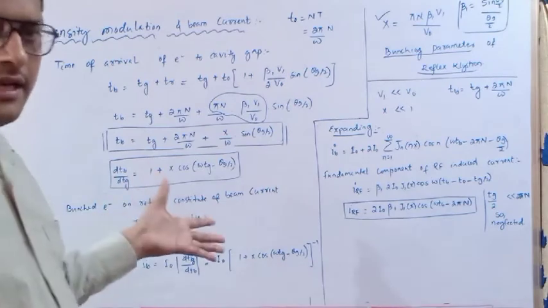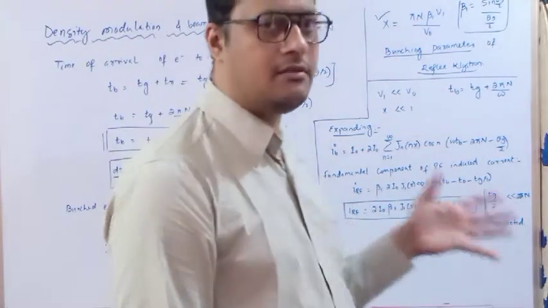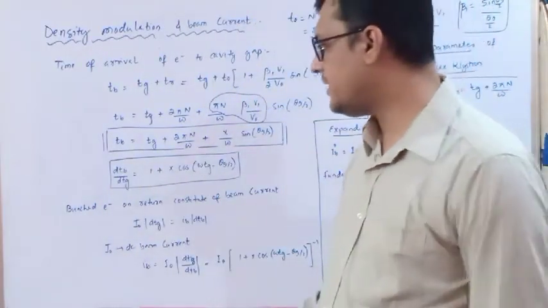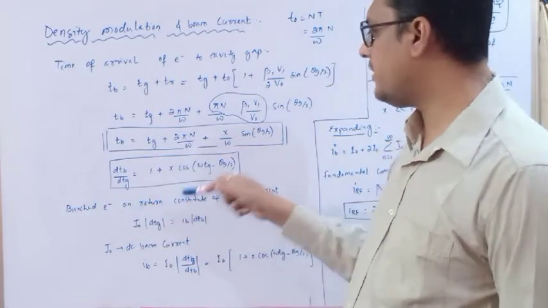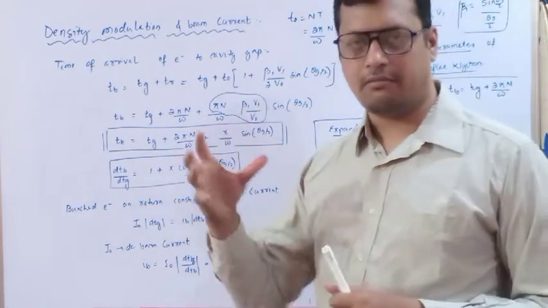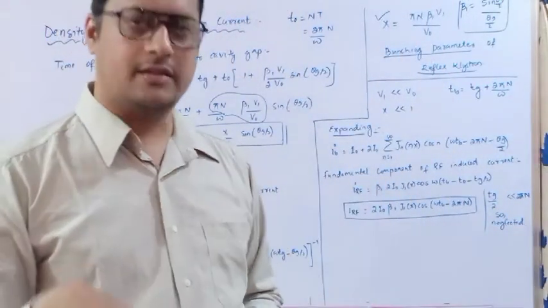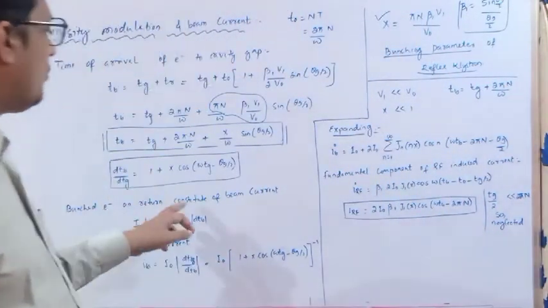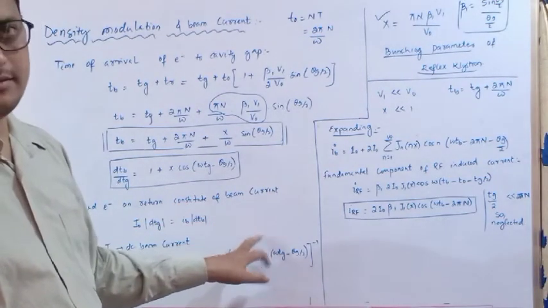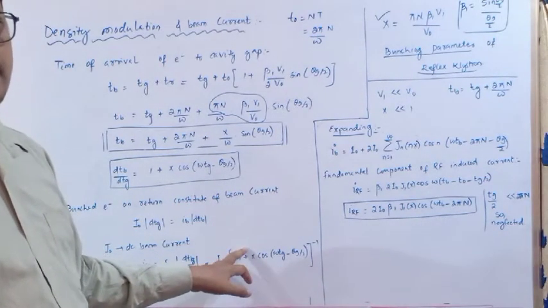Now how have I identified this particular differentiation? The answer is, when the bunch of electrons which is crossing the gap returns back to the cavity, then the total current is called the beam current.